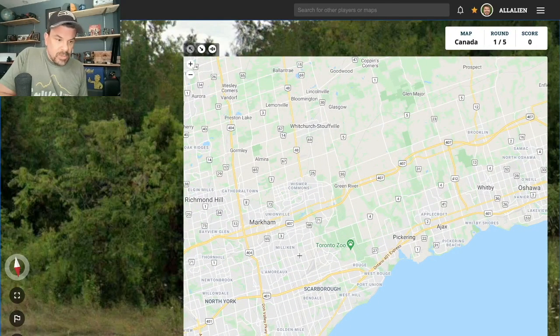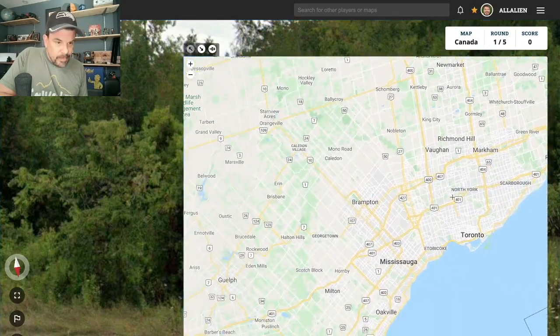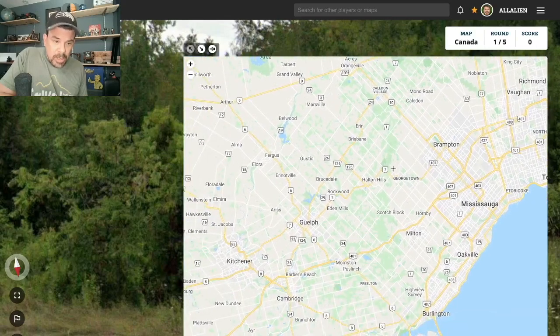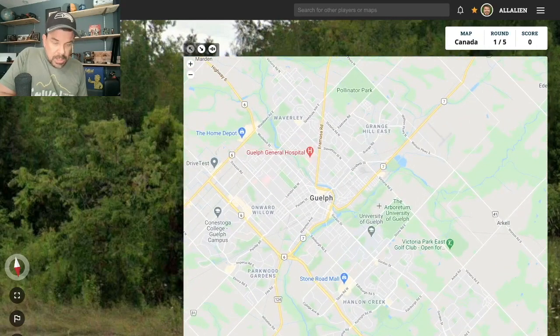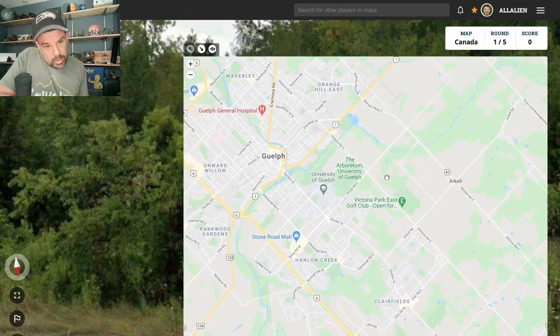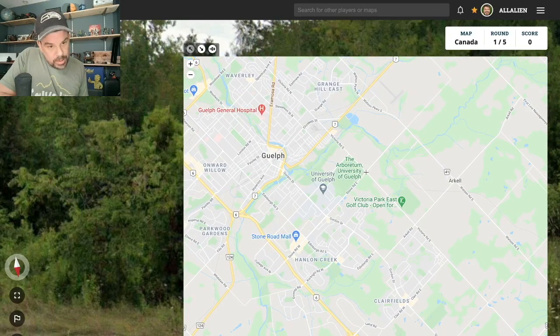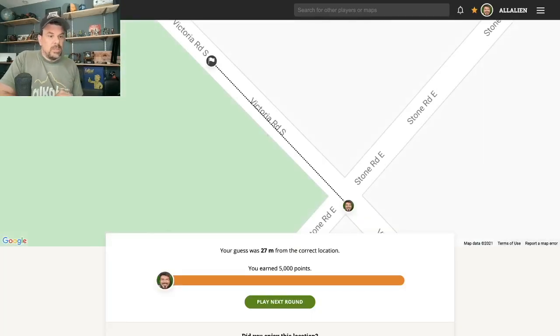We are further from Toronto than I thought we were. Not incredibly far, but we are out in Guelph, which is a more rural city. And there's Victoria Road, and there's Stone Road. And that's where we are.